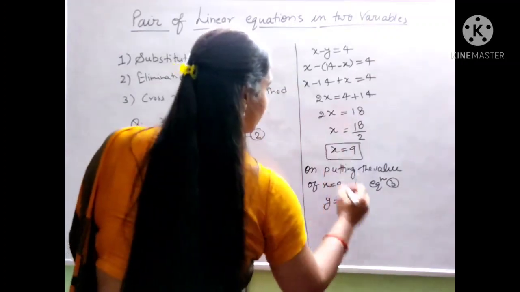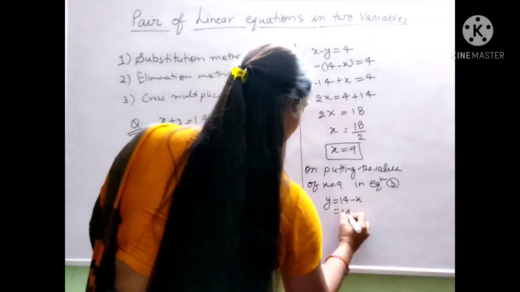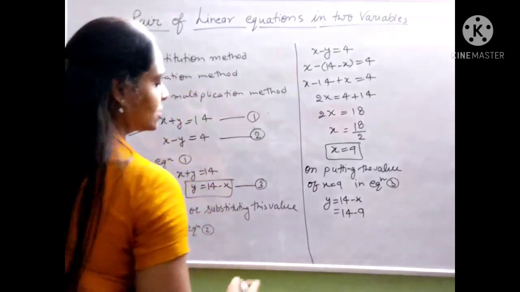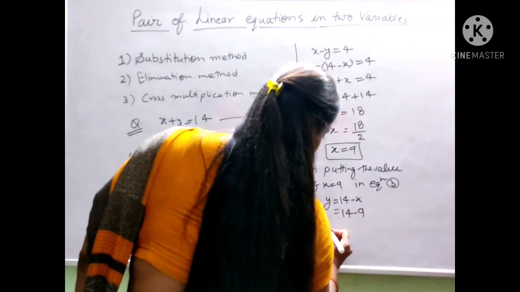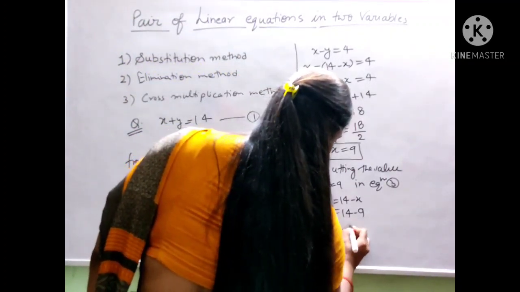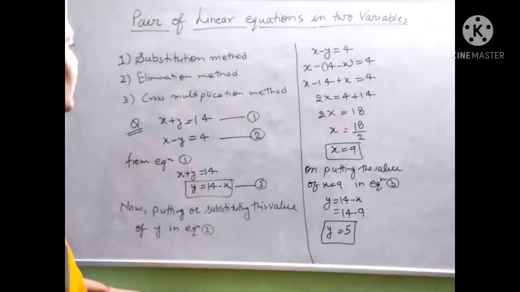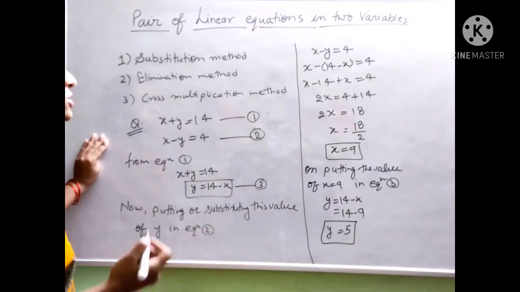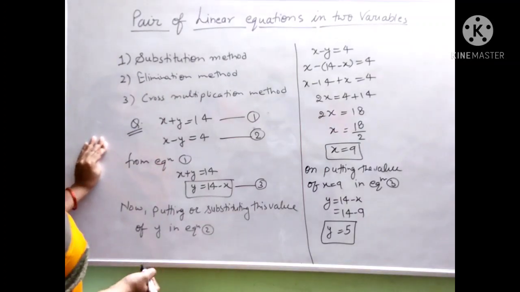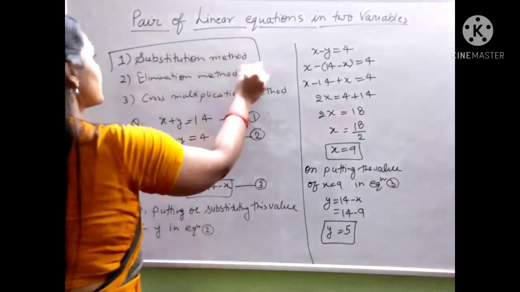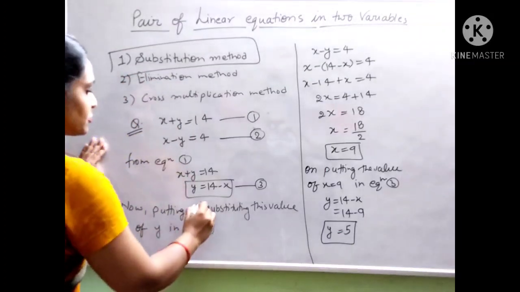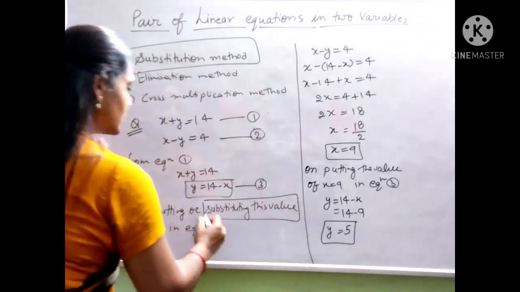In place of x we have to write 9. 14 minus 9. So what will we get? So in this way, if we solve the question, this method is called substitution method, because we substitute the value in equation.